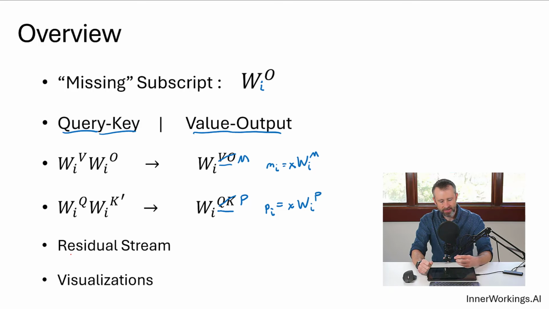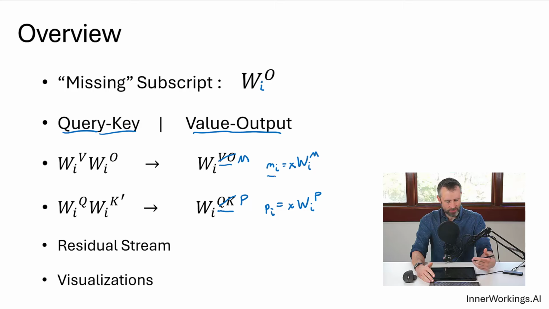And what's cool about the messages is that they are in model space. And we can actually look inside them and try to interpret them a little bit and see what each token, not just the attention between tokens, but also what kind of message the token is trying to send. So I'll talk more about that.